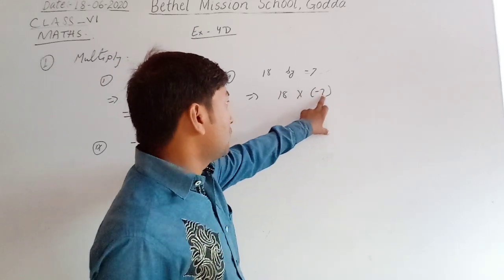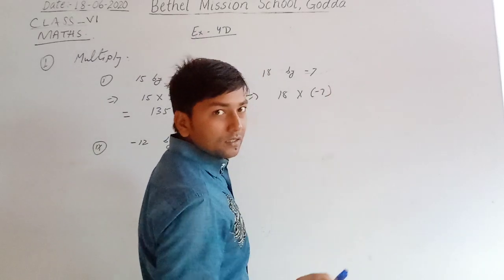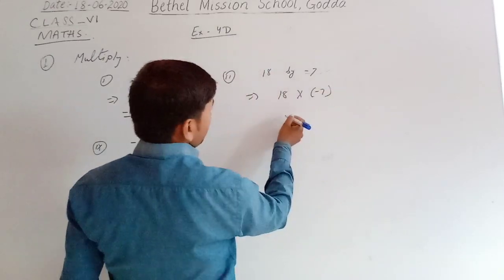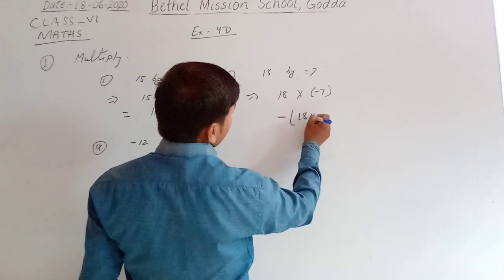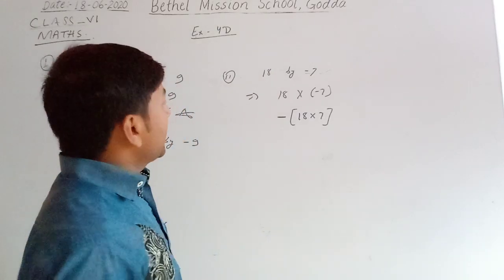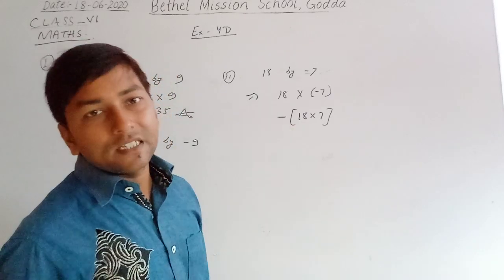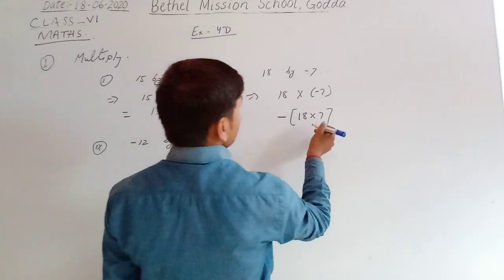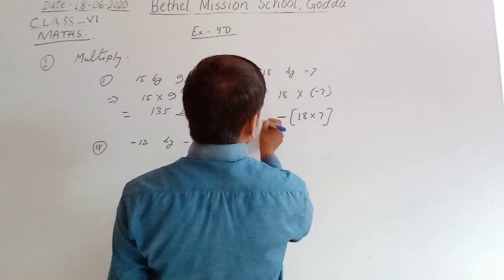At first you multiply 18 by 7. Or simply take the minus out, multiply 18 by 7, and at last put the minus symbol. So you can multiply these numbers and write the answer.